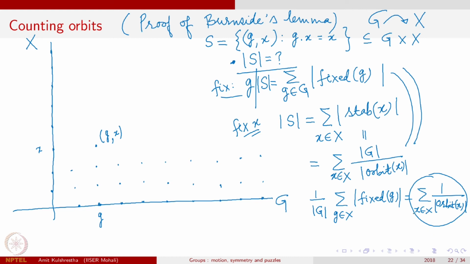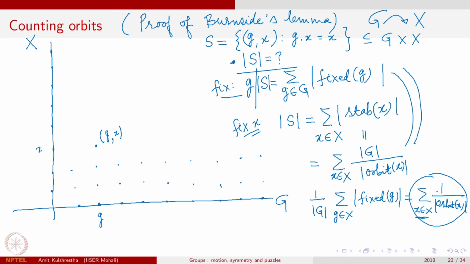So let us see how much is the contribution from one element. The contribution from one element x in X is 1 divided by the size of the orbit of x, and therefore the contribution in this summation from one whole orbit is 1 divided by the size of the orbit of x, times the size of the orbit of x, which is 1.